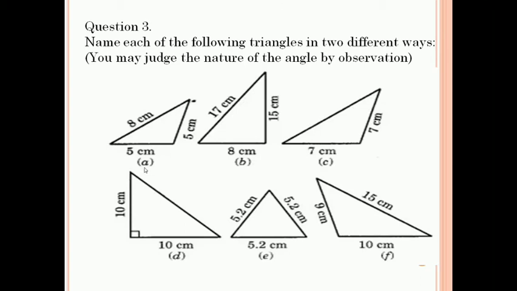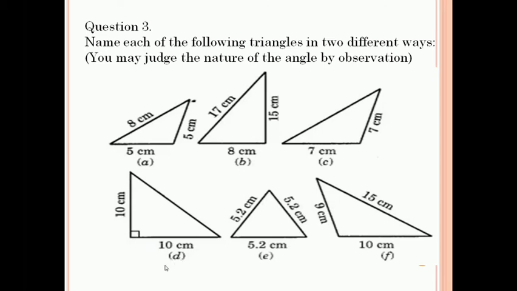Now in triangle A you can see only two sides have the same measurement, that means it is an isosceles triangle. All three measurements are different in diagram B, that means it is a scalene triangle. In this diagram two sides are the same, that means it is an isosceles triangle.